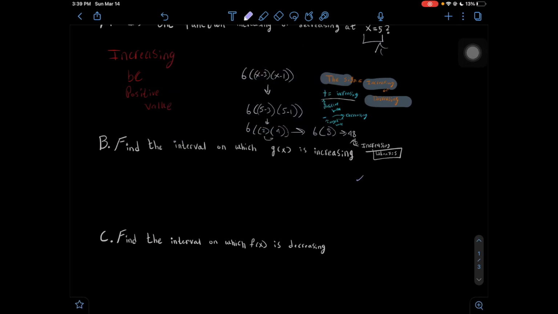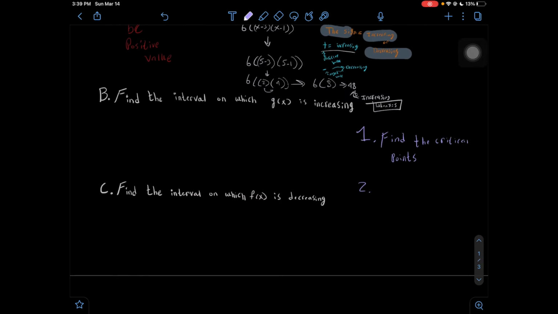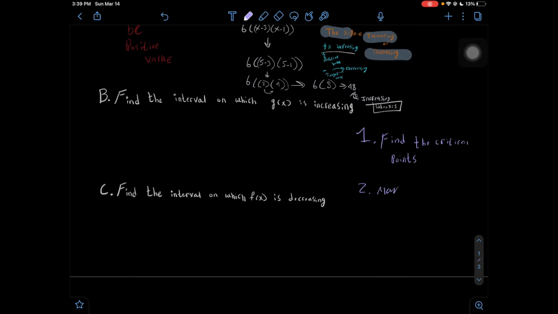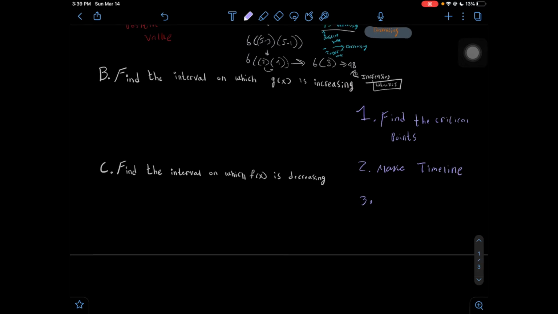So let's write out the steps for this type of problem. Our first step is to find the critical points, and we're going to go through how to do that in just a minute. And then second is to make a timeline. Third, we are going to mark the critical points on the timeline.